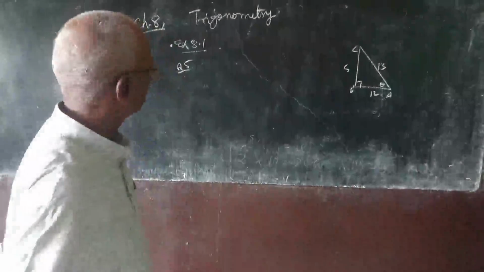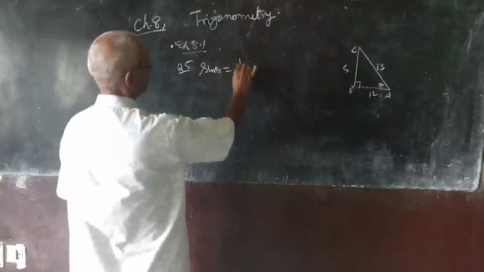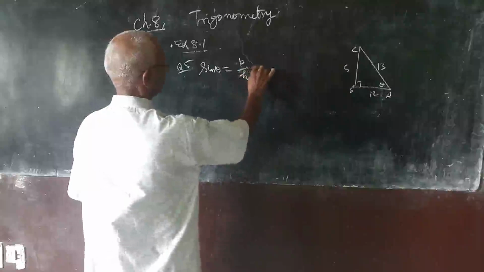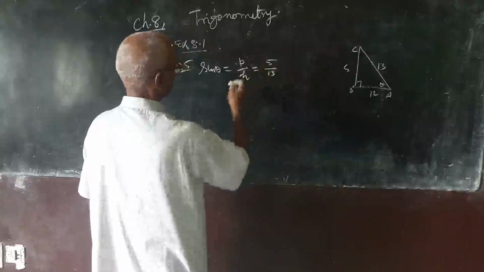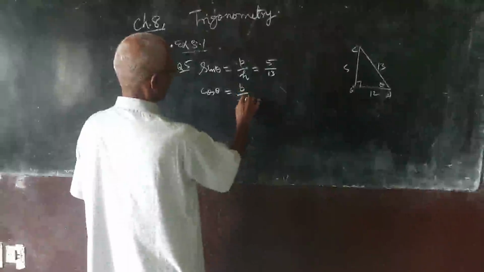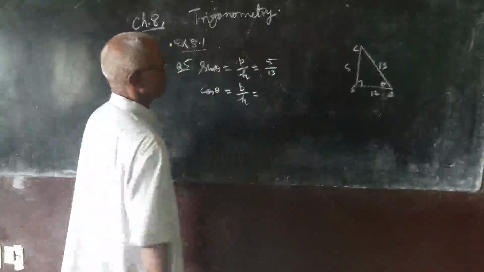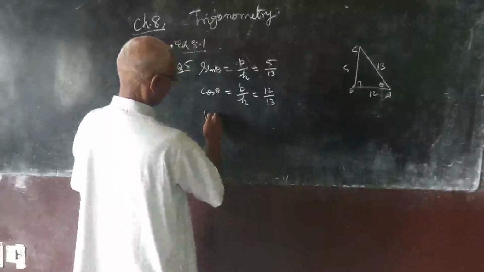So I am calculating here sin theta. Sin theta is perpendicular upon hypotenuse. For theta, perpendicular is 5, hypotenuse is 13. Cos theta is base upon hypotenuse. Base is 12 here, hypotenuse is 13.